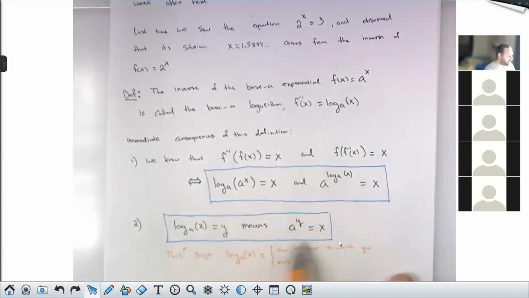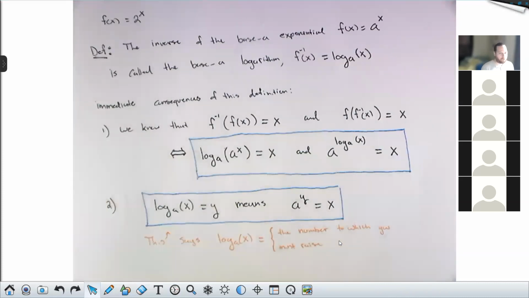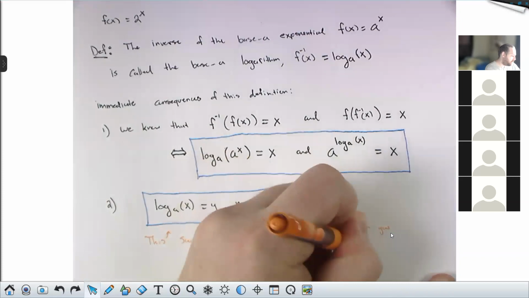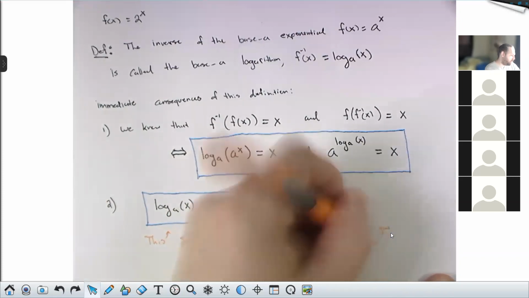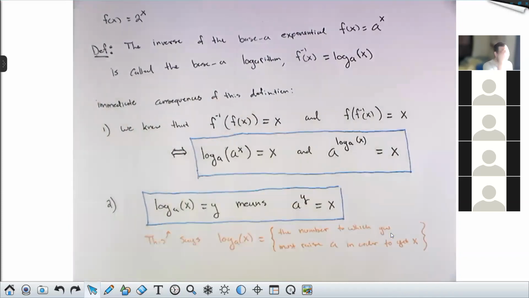But thinking about it like this allows us to more easily get to this orange interpretation, which in plain English says that the base a log of x is the number to which you must raise a in order to get x. So if I ask you, and I'm going to do this in just a second, what is the base 10 log of 100, for example, you would say, oh, okay, well, the base 10 log of 100 is the number to which you must raise 10 in order to get 100.